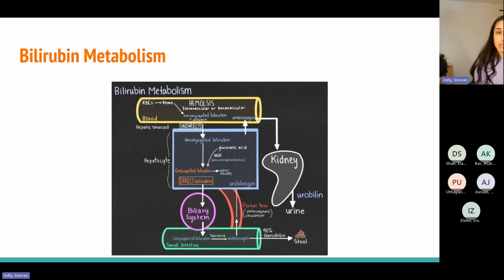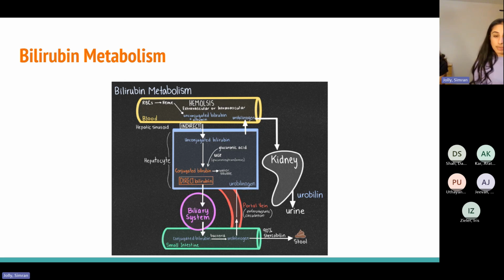So unconjugated bilirubin isn't water soluble, and so it can't really free flow through. So it needs to be bound to something like a protein, like albumin, in order to flow through the blood or wherever else it needs to go. And so this bilirubin albumin compound will enter the liver system and dissociate.